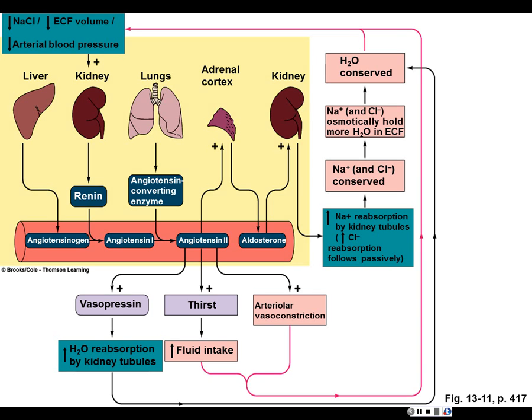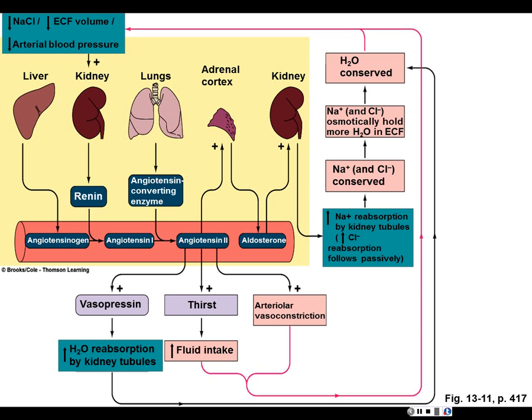Renin is added to the circulatory system and it catalyzes angiotensinogen conversion to angiotensin 1. This is, we said, an intermediate. Angiotensin converting enzyme, you can see, is actually produced by our lungs. It converts it to angiotensin 2, which has multiple targets.